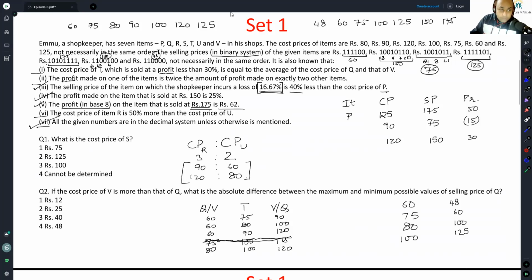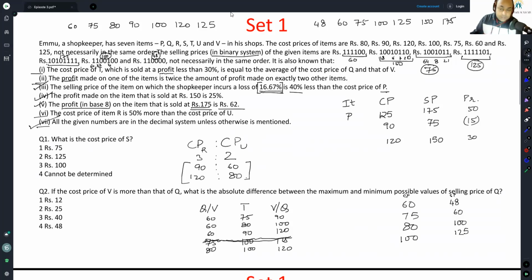Now, pay attention to this line very carefully. The profit made on one of the items is twice the amount of profit made on exactly 2 other items. So let me see, if 60 is paired up with 48, you get a loss of 12.